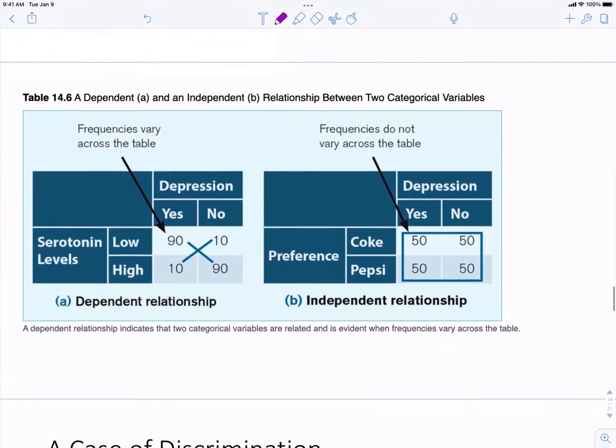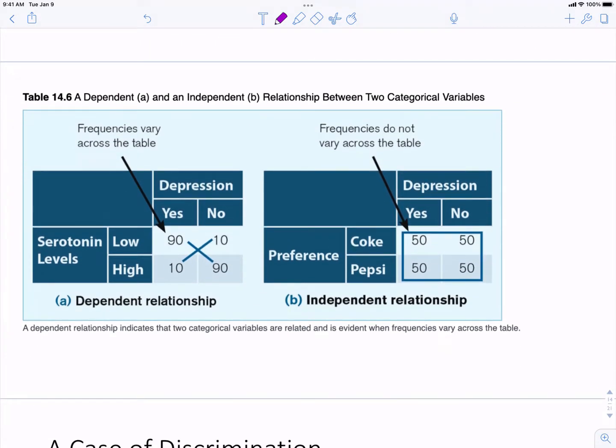Okay, so this is a picture from your textbook about the idea behind a dependent relationship and an independent relationship. So for example, if preference for cola and depression have no association at all, then this might be the type of data we would expect. If we had 100 subjects, we'd expect about half of them to be depressed, half of them not to be depressed, about half of them to like Coke, and about half of them to like Pepsi.